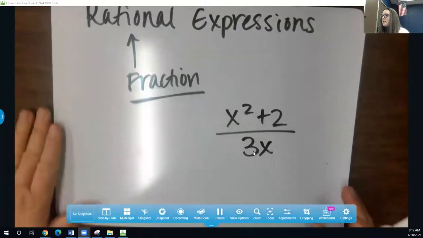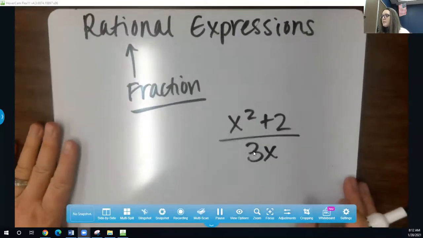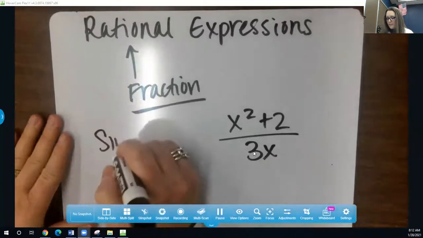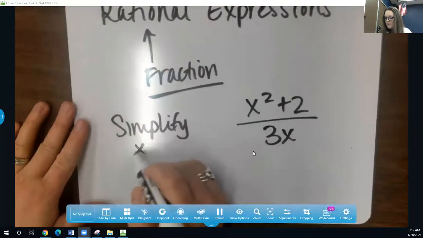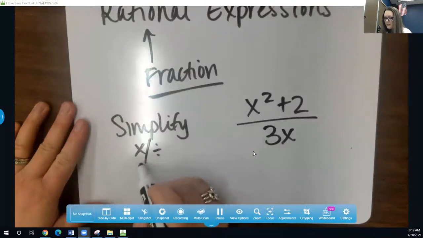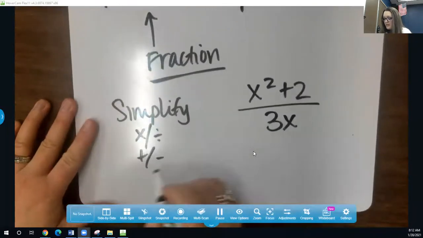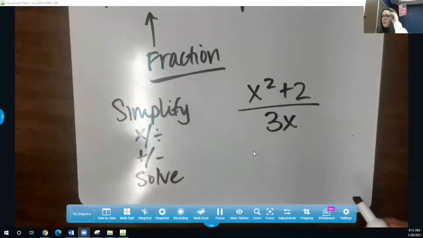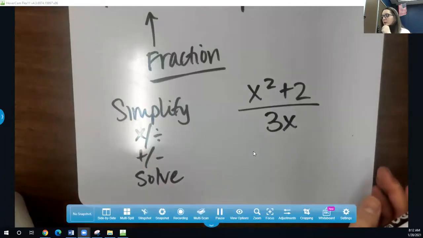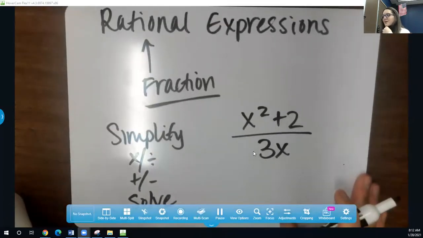Pretty simple, right? So we're going to be learning today first how to simplify, but we're also going to be learning how to multiply, divide, add, subtract, and solve equations. So that'll kind of give you the next few days of what our notes are going to be about. Everything is going to be about rational expressions.